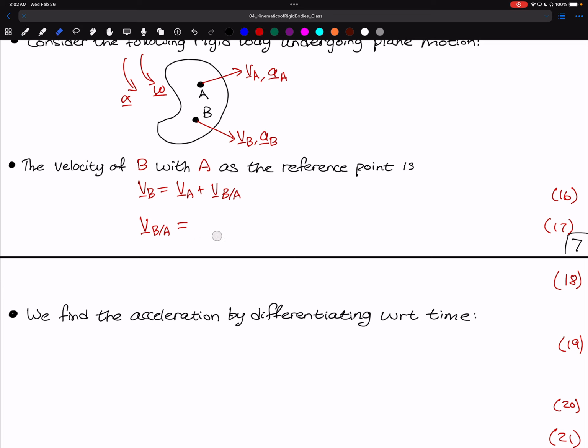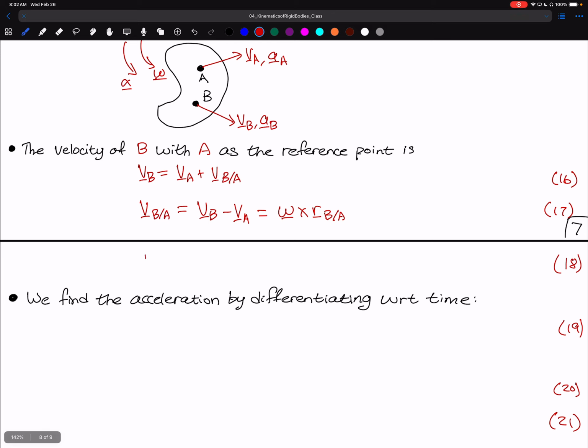Actually that is true, but it's also equal to omega crossed with r_B/A, which is what we found last time on Monday. So then we can show that the velocity of point B is equal to the velocity of point A plus omega crossed with r_B/A.